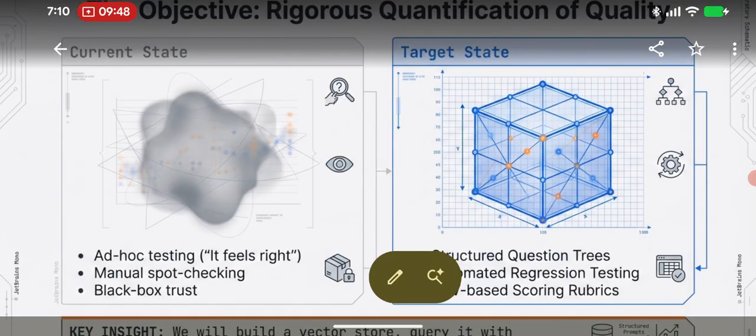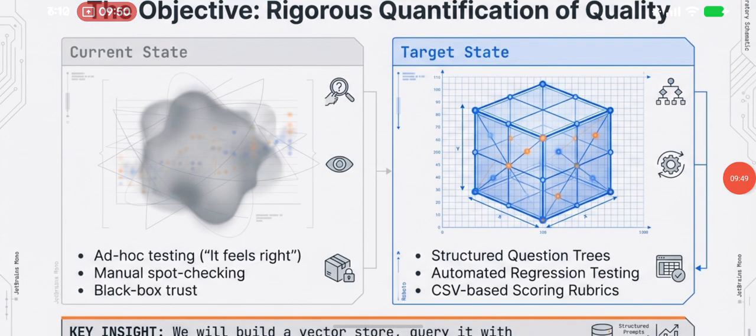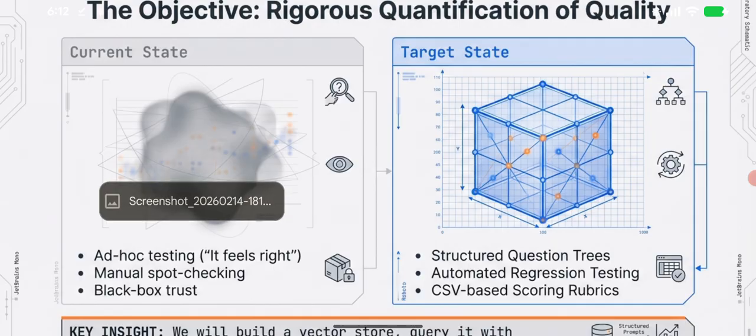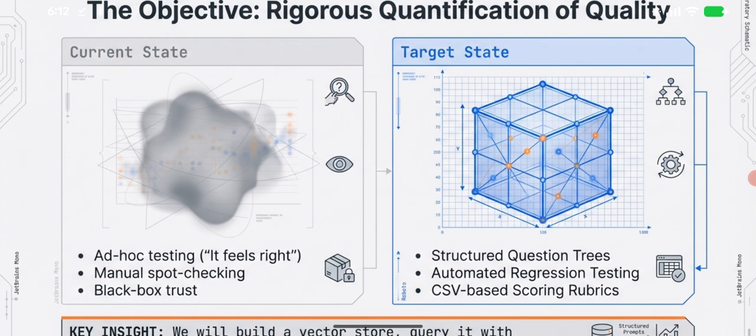So let's understand. When you do ad hoc testing, you will just ask some random questions based on the data given to you and try to test the solution, which will not be a foolproof solution. So to make a foolproof solution of testing a knowledge base, you need to have structured question trees with sub questions for the entire set of documents in a corpus. And then accordingly one can do the automated regression testing or the complete functional testing of it.